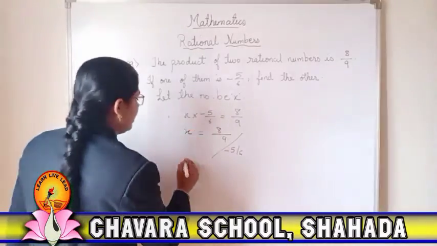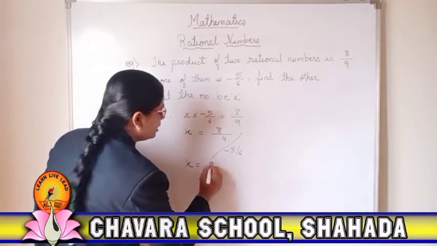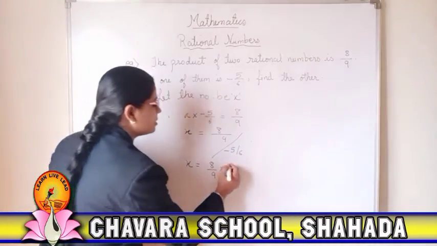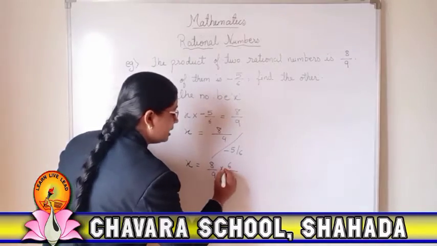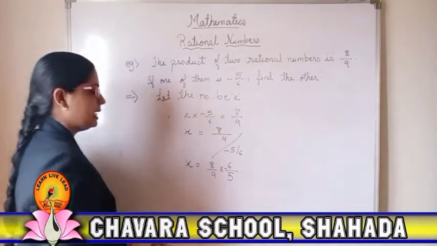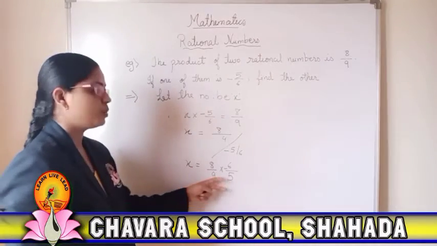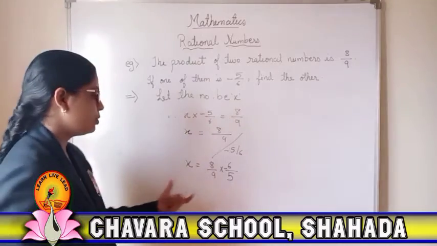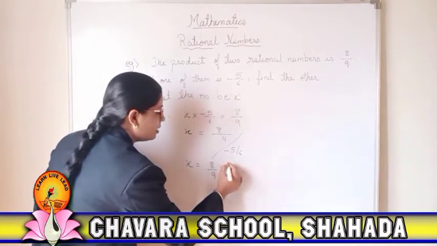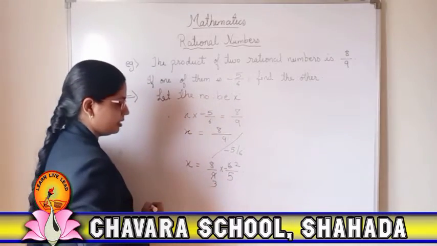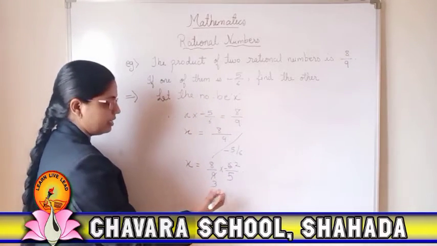So x equals 8 upon 9 multiplied by the reciprocal of negative 5 upon 6, which will be 6 upon negative 5, don't forget the negative sign. Is there any possibility to cancel numbers or simplify? Yes. 3 twos are 6, 3 threes are 9. Is any other number simplified? No.